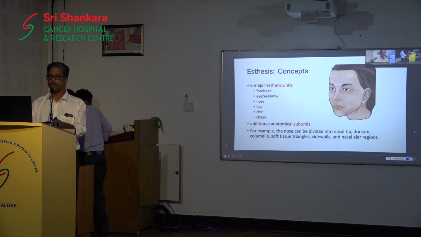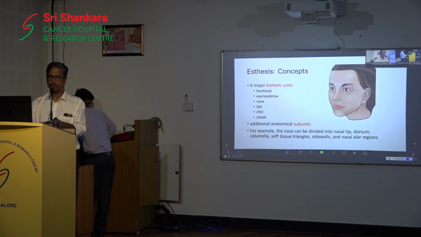Coming to aesthetics in the face and incisions. The concept lies in 6 major aesthetic units, including the forehead, eye and eyebrow, the nose, the lips, the chin, and the cheek. And there are also additional anatomic subunits.